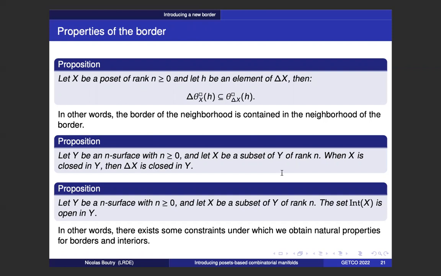The similar formula follows for the interior, which gets back its property to be open. Okay. What does it mean, of rank n? It means it's a full dimensional subset.